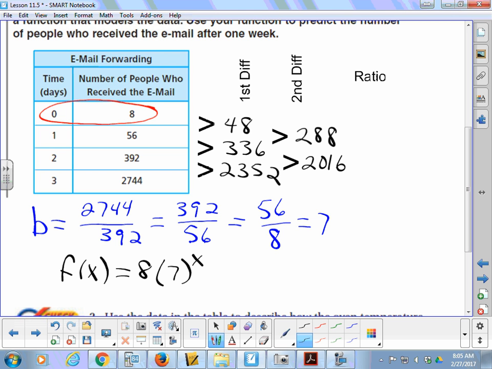So if I want to find what it is after a week, that means we want to find f of 7. So we'll just put 7 in for x. And that's going to be a pretty big number.